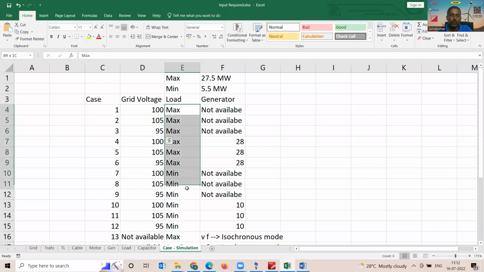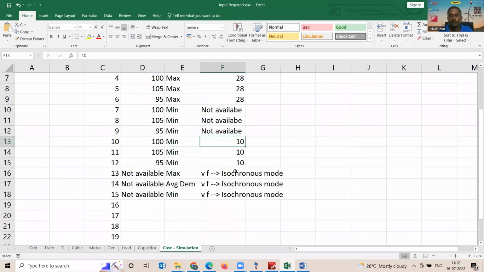Load is maximum load, minimum load. Generator is available, not available. It's generating 35 megawatt, 28 megawatt, 10 megawatt. When the grid is available, grid is not available, right? So you can have multiple cases.